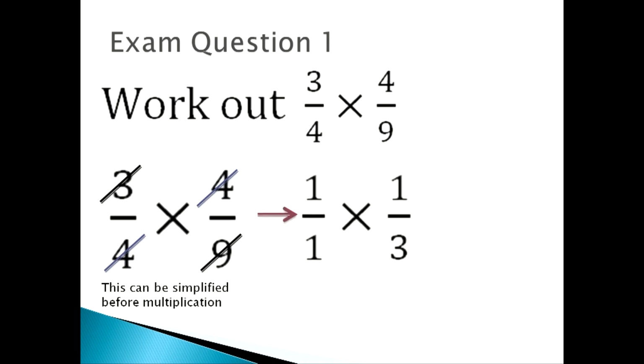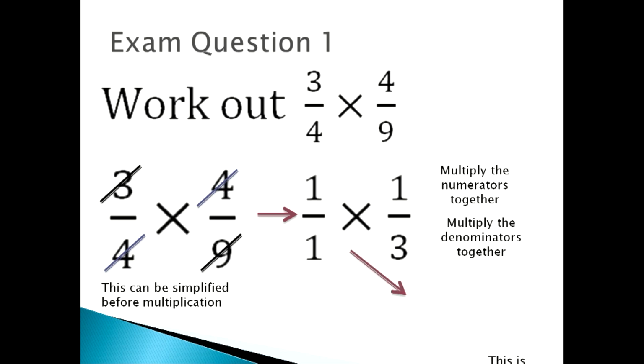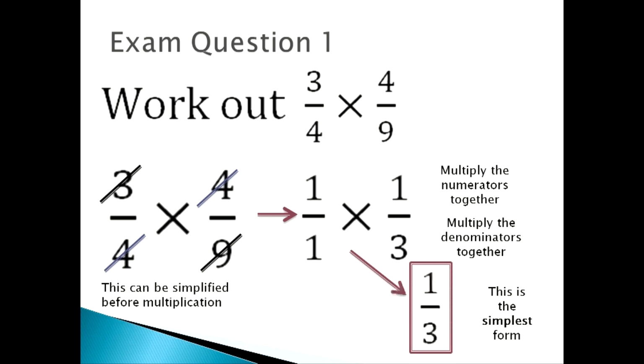So the fraction would become 1 over 1 times 1 over 3. And then you multiply the numerators together, and you multiply the denominators together, and in the simplest form, the answer would be 1 over 3, or 1/3.